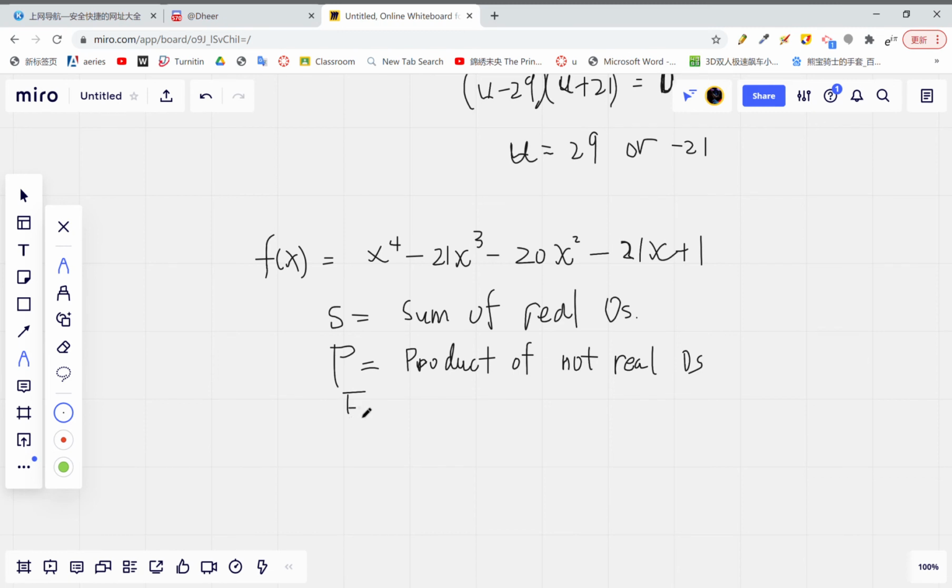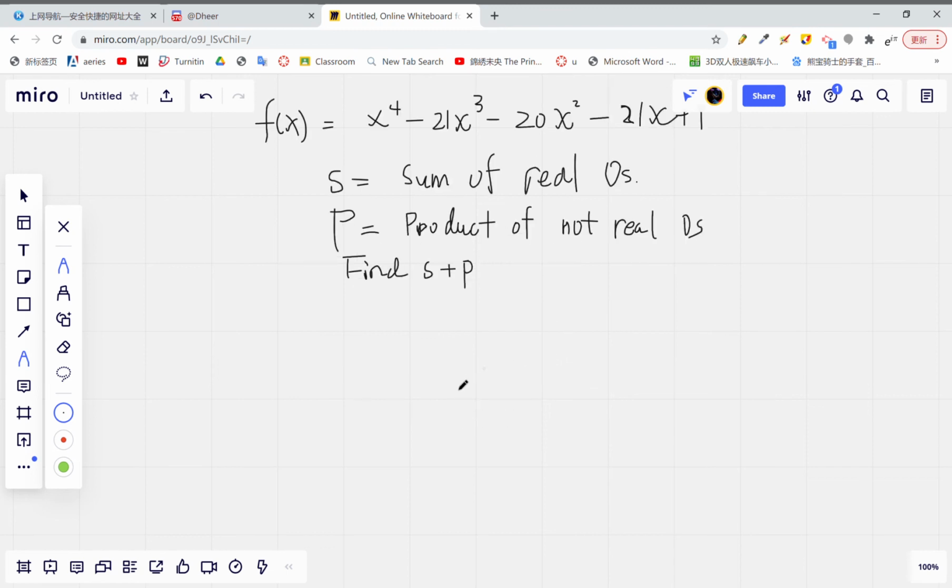Find S plus P. Okay, so how are we going to find this? We can't, if it's basically saying this is the sum of real zeros, then we can basically just add. But this we can't, because this is the product. So I'm going to factor this a little bit, right?